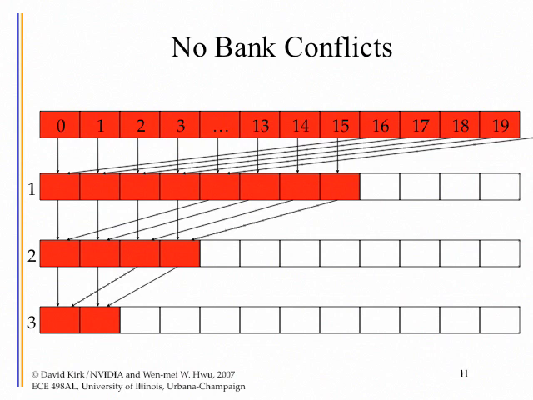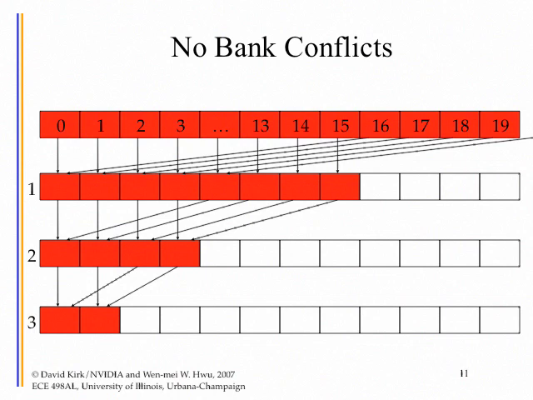The first element being added for all 16 threads should come from adjacent locations. Then you just add a big offset to get the second element. So the first thread is going to add up element 0 and element 16 into a partial sum.